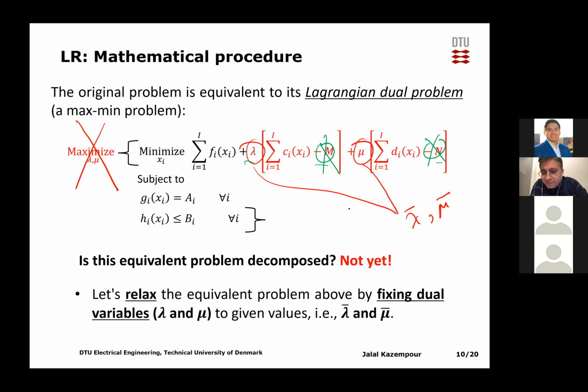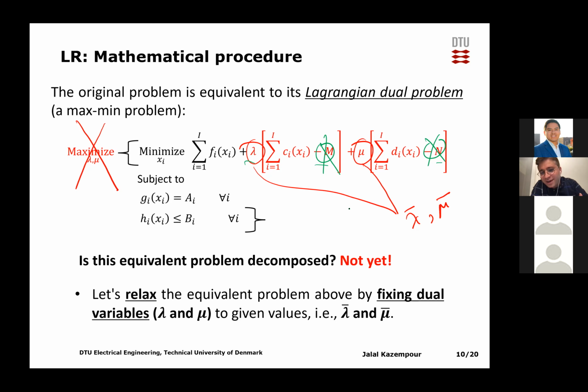Directs says it works only if we treat x_j, j not equal to i, as parameters. Okay, I understand now, good. John says, so you are considering lambda and mu as complicating variables, right? Yes, but they are dual variables. You can say that now they are complicating variables if you like.